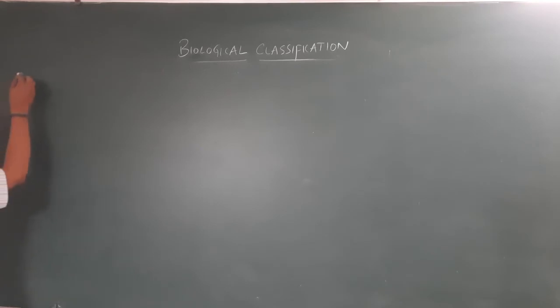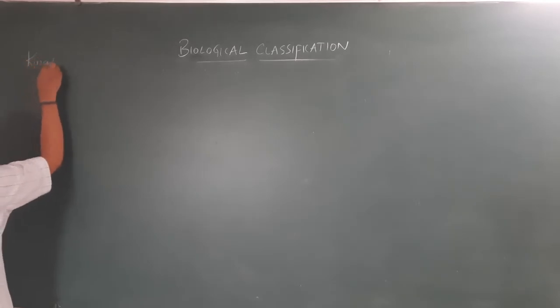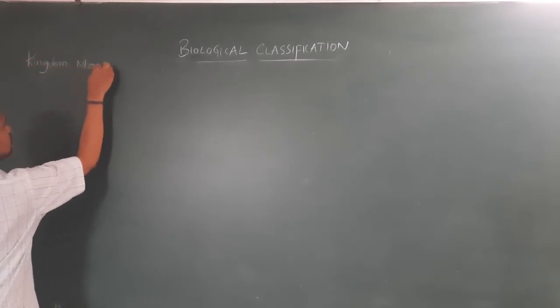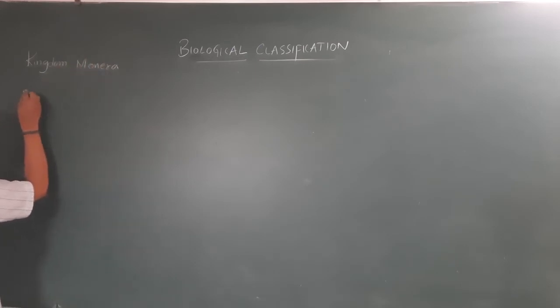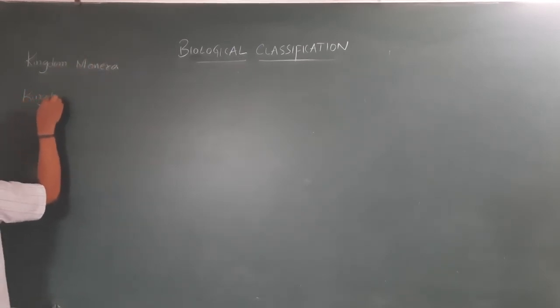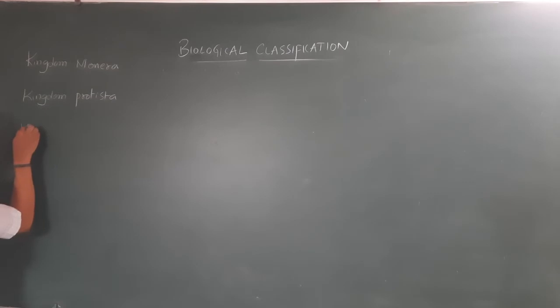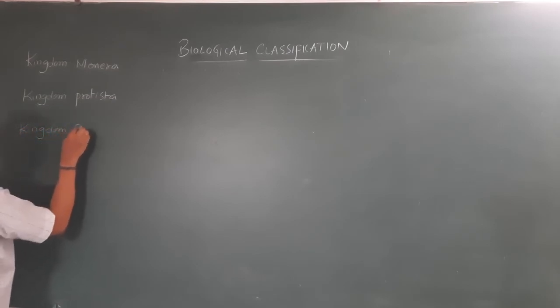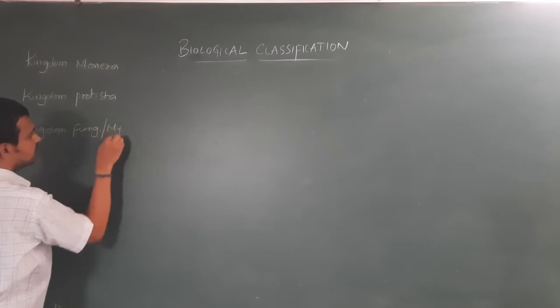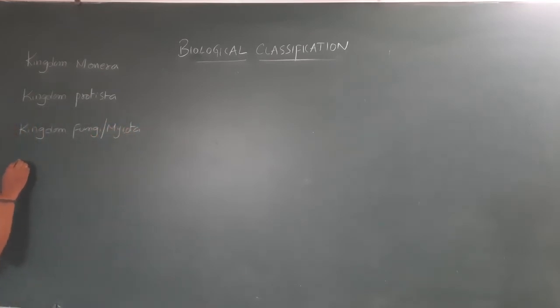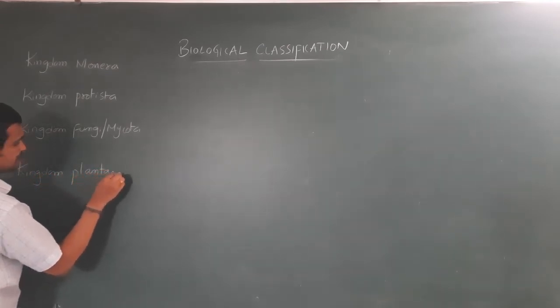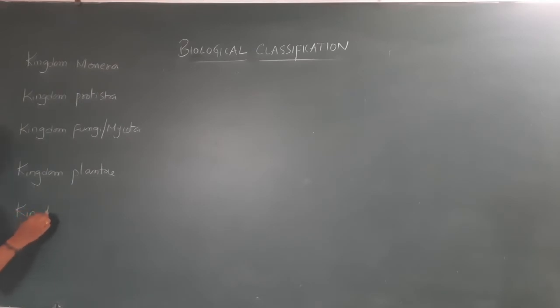So the 5 kingdoms are Kingdom Monera first, next Kingdom Protista, next Kingdom Fungi or Mycota, next Kingdom Plantae, finally Kingdom Animalia.